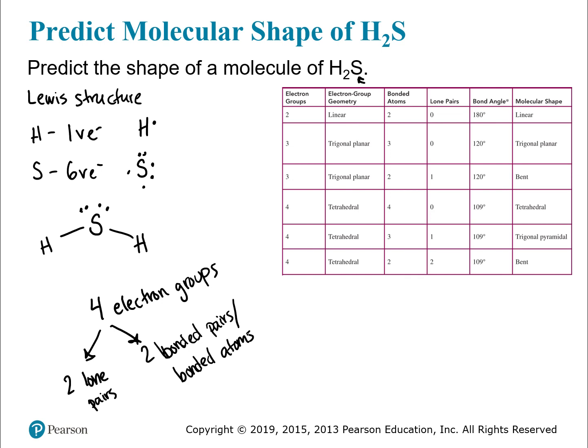So if you're looking at the table, you know you've got 4 electron groups. So that means we're looking somewhere in here. Now you've got to find the shape that has 2 lone pairs and 2 bonded pairs.